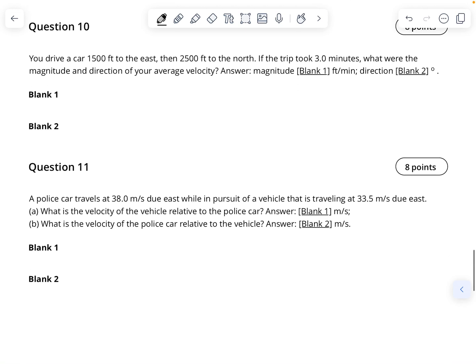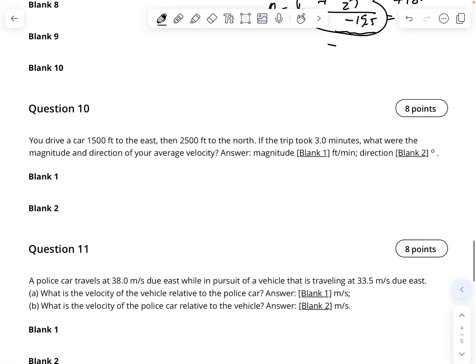All right, number 10. You drive a car 1,500 feet to the east, and then 2,500 feet to the north.